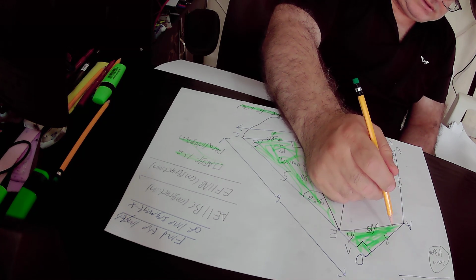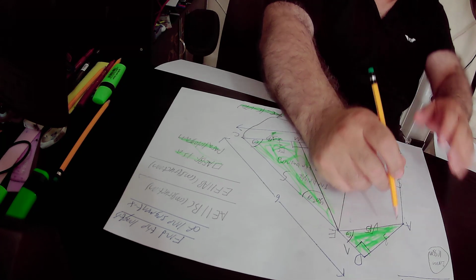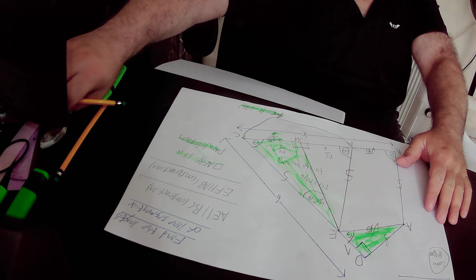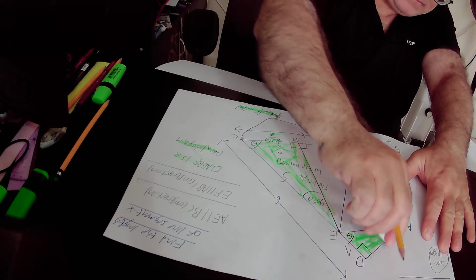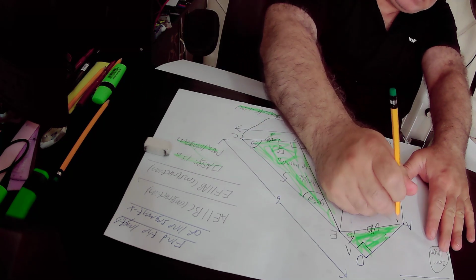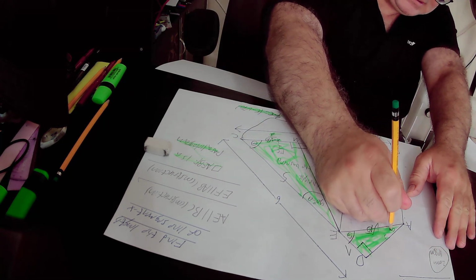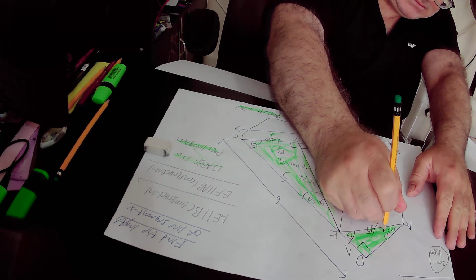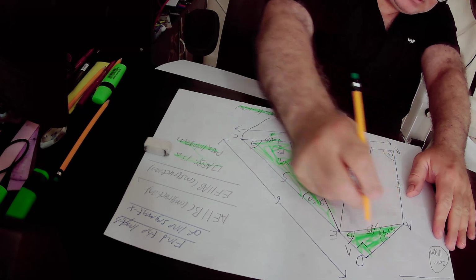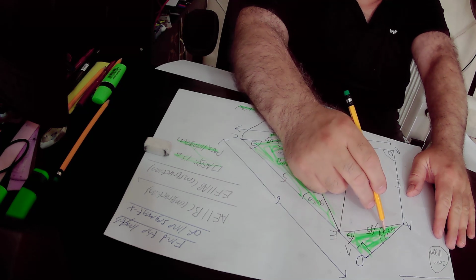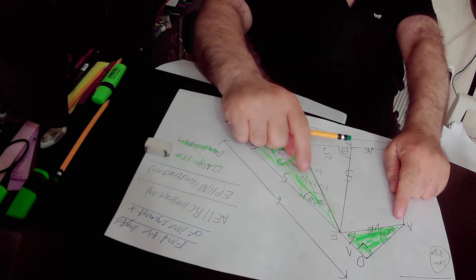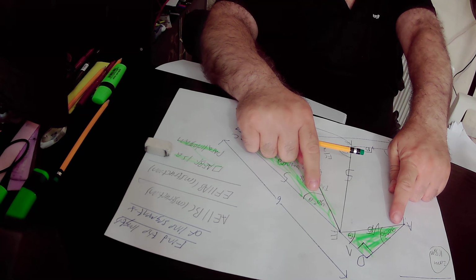For exactly the same reason, this angle must also be equal to 90 degrees minus theta. Again, this angle equals 90 degrees, this angle equals theta, so this angle must be equal to 90 degrees minus theta. So those two angles are both equal to 90 degrees minus theta, therefore they are equal to each other.